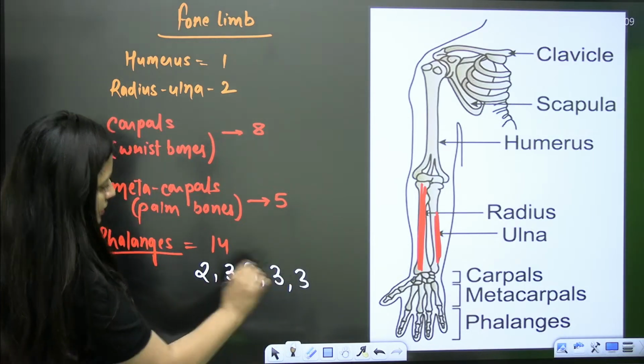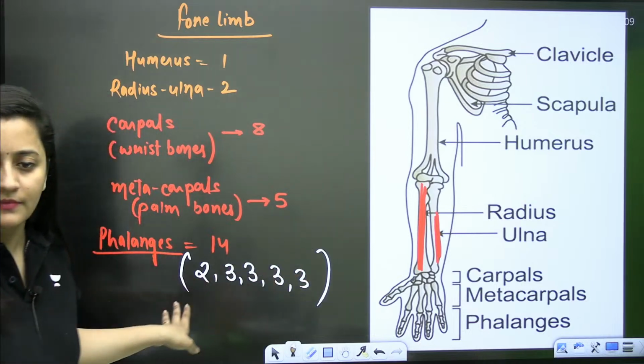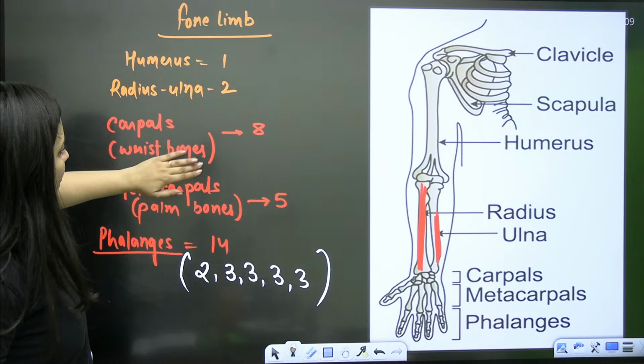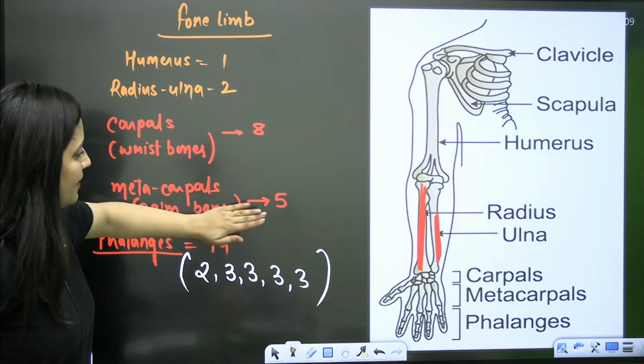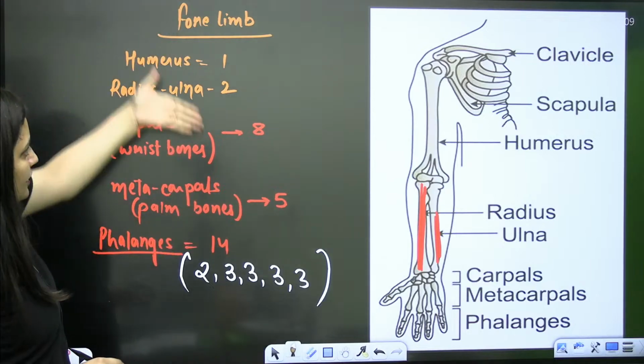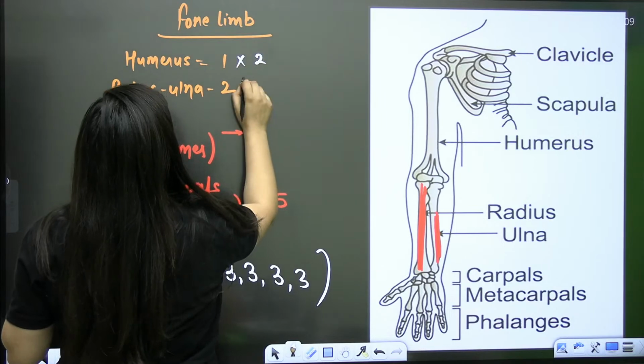We have 5 fingers like this. So total 14. So humerus 1, radius ulna 2, carpals wrist bone total 8, metacarpals 5, phalanges 14. Here you are talking about each forelimb, so obviously multiplied with 2.